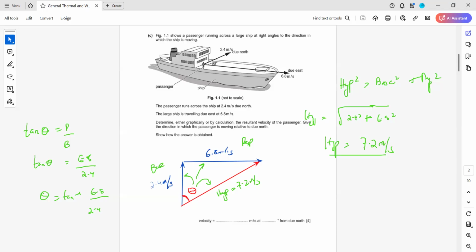So this angle we get is 70.6, or 71 degrees you can say. Okay, so 71 we will write as the rounded off value. And what about the velocity? The magnitude of the velocity was 7.2.